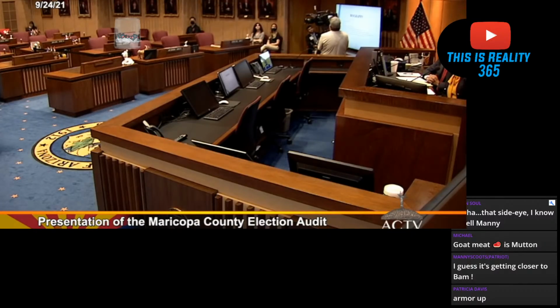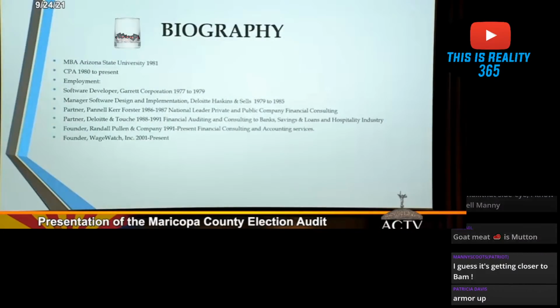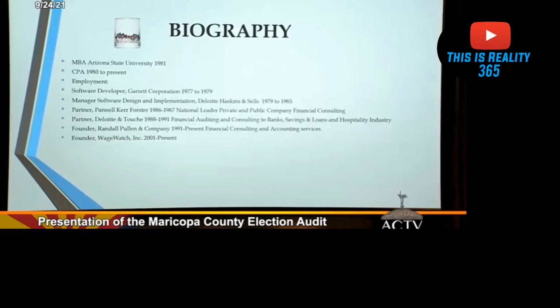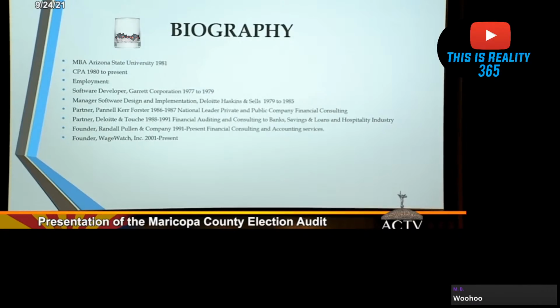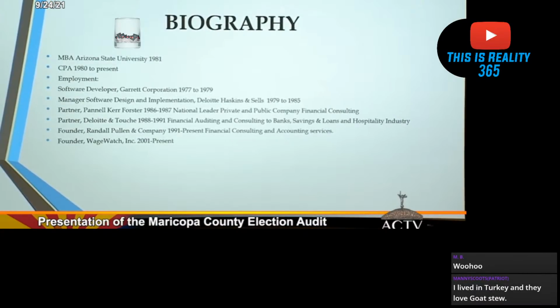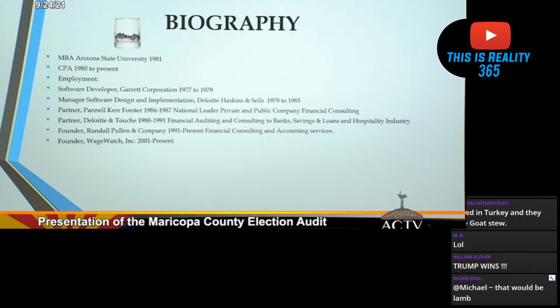Employment-wise, I started out working on my MBA as I was working at an engineering company, writing software for them, and then I joined Deloitte Haskins & Sells and began working in their audit department and helped them develop and test the first statistical sampling software and system for doing audits.